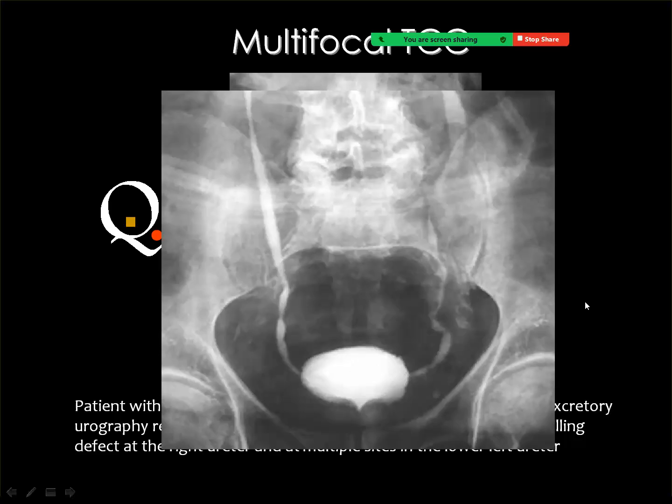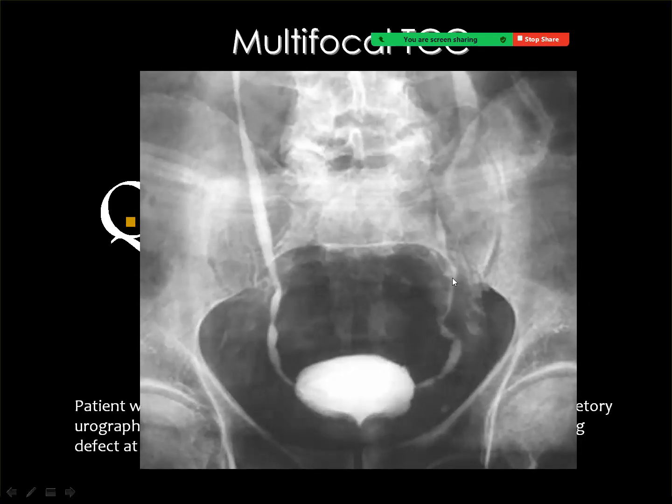Then this is the magnification of this area, and you can see the filling defect in there. If this is a radiolucent stone, it should be surrounded by contrast from all aspects. If you see that contrast is missing along one of the borders, forget about the stone, and this is a mural lesion.